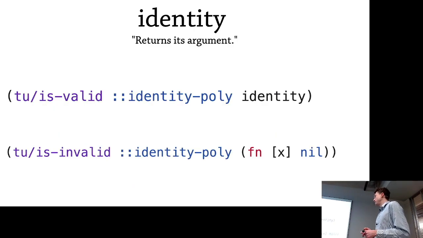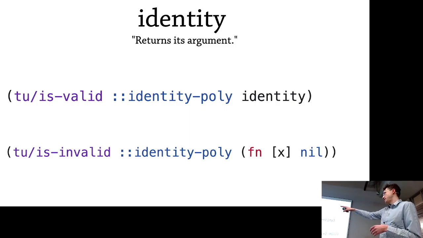But the thing we can do now is rely on the computer to be able to tell a good identity function from a bad identity function. So I've just pasted this from the test suite of type CLJ spec.